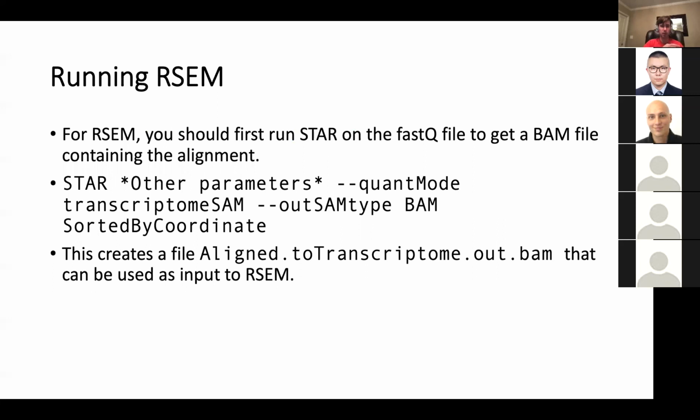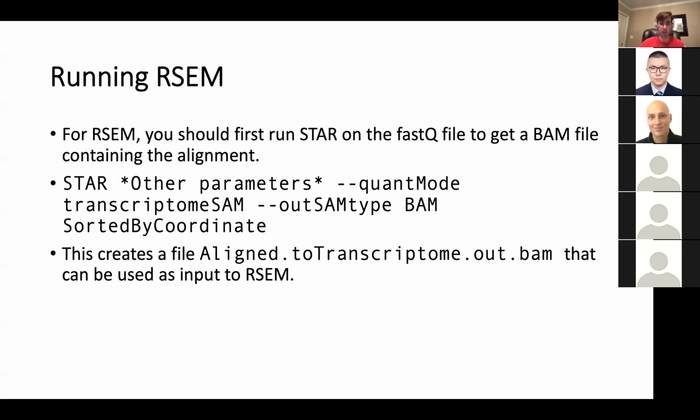I'm wondering if you can just use the BAM file that's already given to you, now that I think about it. But I think the problem explicitly asks you to run STAR and then to run RSEM. So let's start with the FASTQ file, and then get the BAM file that we can pass to RSEM.